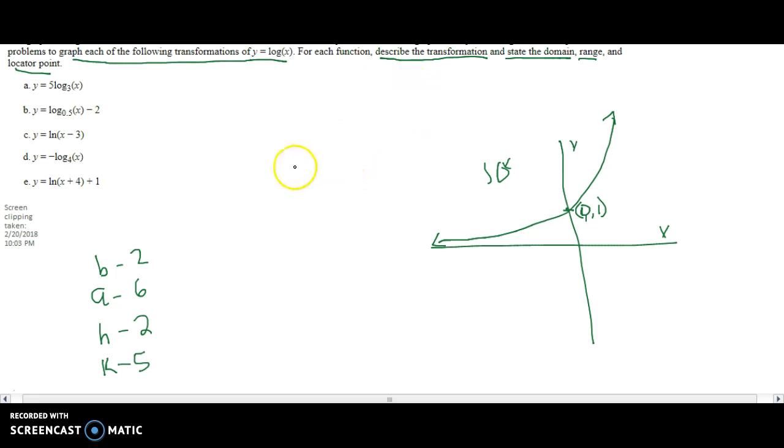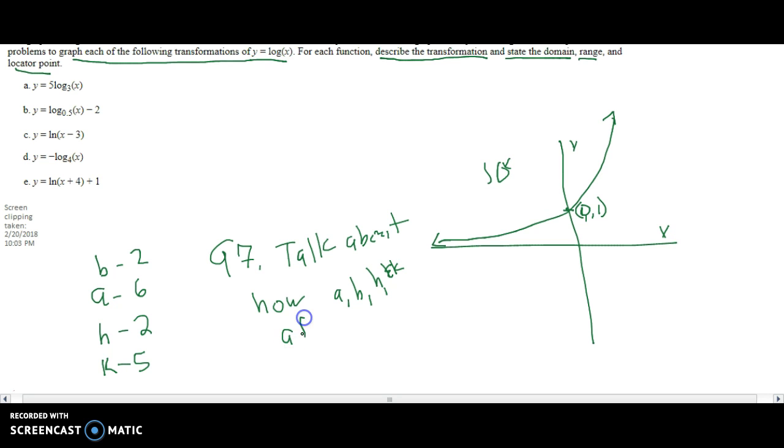And so, in essence, problem 97, I want you to really talk about how A, B, H, and K affect your graph individually.